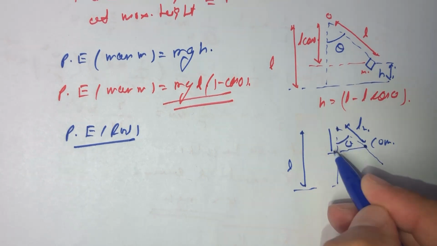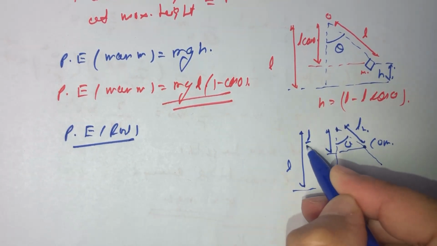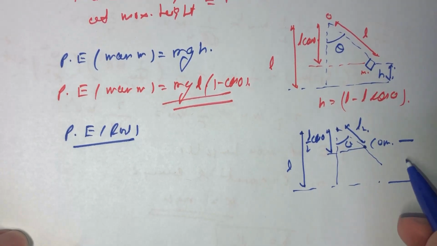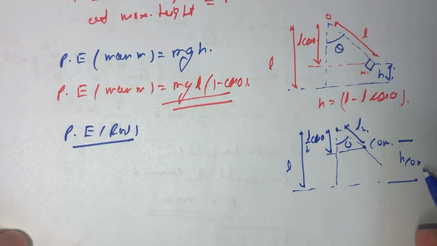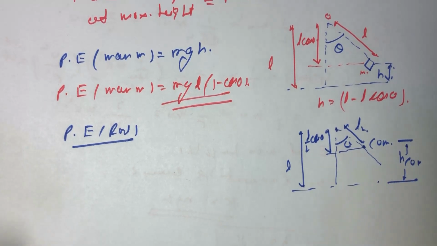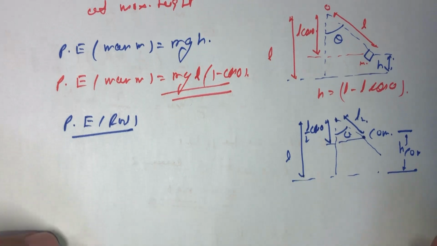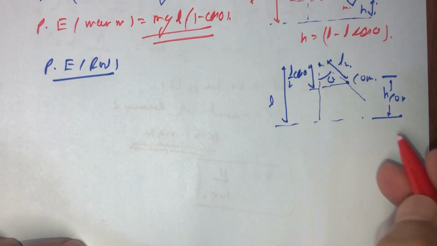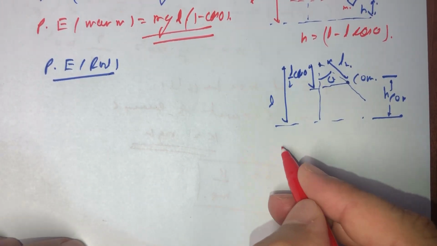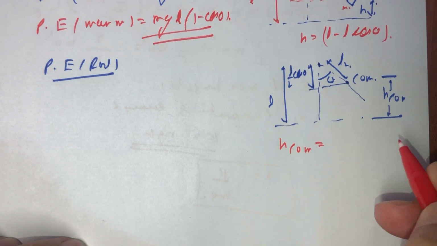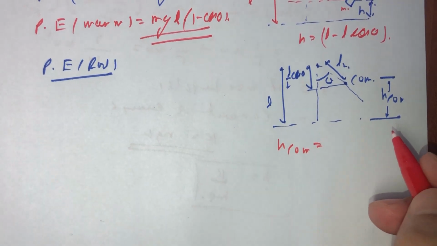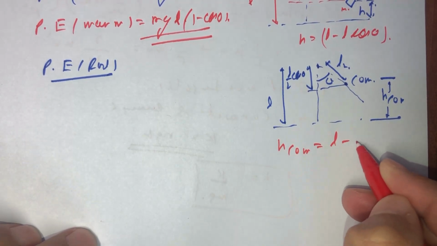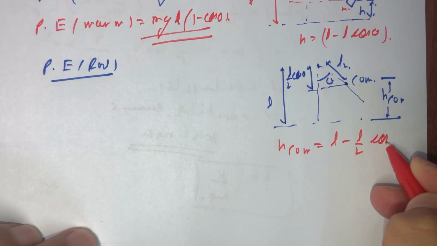So this length will be L by 2 cos of theta. Let us suppose this height is h of center of mass. So we can say the height of center of mass will be equal to L minus L by 2 cos of theta.